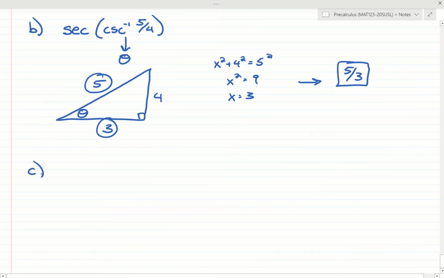Let's try one more. I'll get a little creative for this. What about if I asked you to find the sine of the inverse tangent of the tangent of the inverse cosine of 12 over 13?